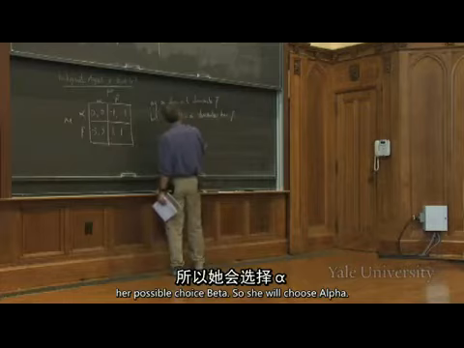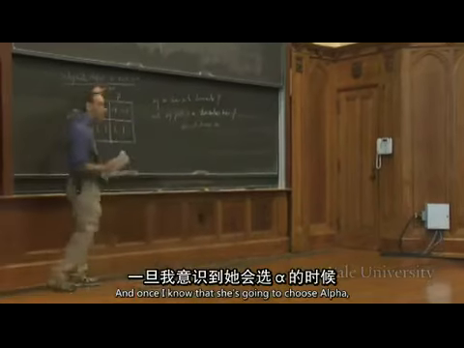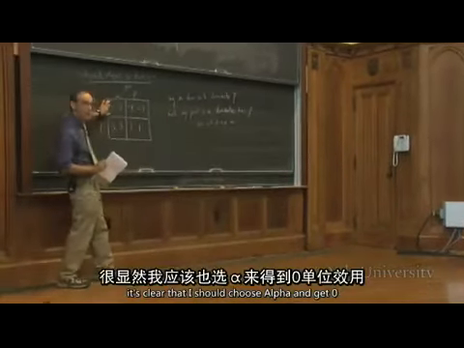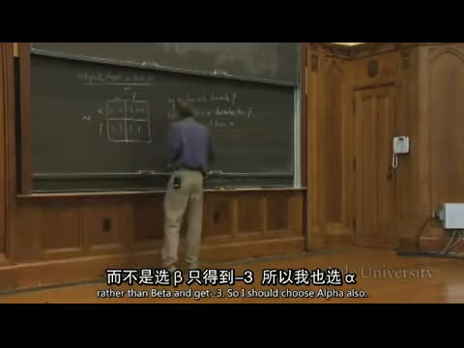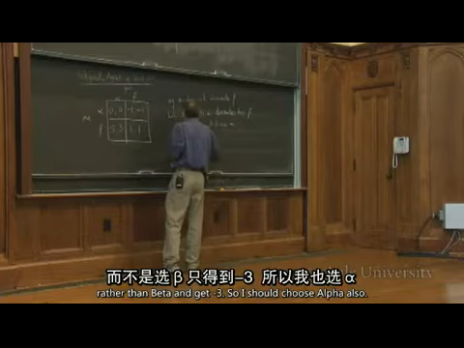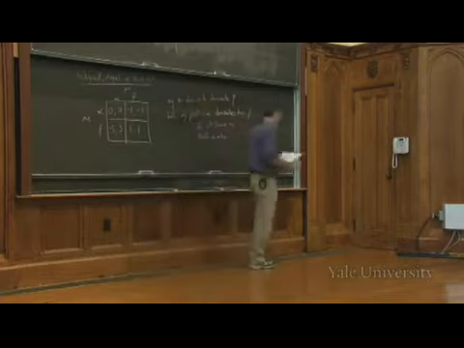So she will choose alpha, and once I know that she's going to choose alpha, it's clear that I should choose alpha and get 0 rather than beta and get -3. So I should choose alpha also. All right.